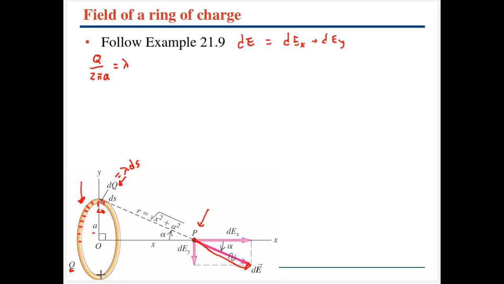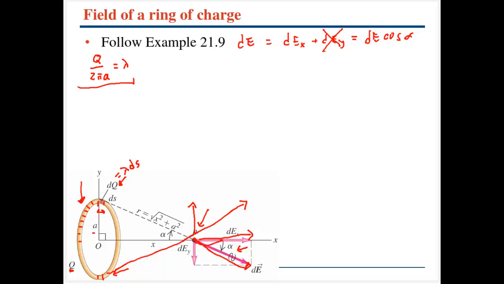We can conceptually say we know that dEy is going to cancel out, because if I choose another section of the ring down here and ask how much electric field I'm going to feel, you can see it's going to be pointing right along there, and that's going to have a component in that direction and a component in this direction. The x components will add together, the y components will cancel out. So really all we're left with is dEx, and if we know what that angle is, that's going to be dE multiplied by cosine of the angle.